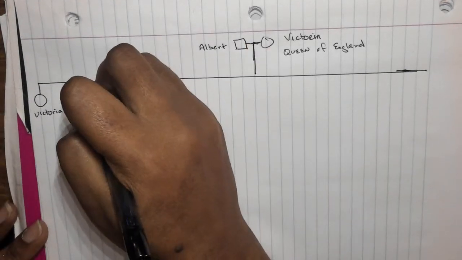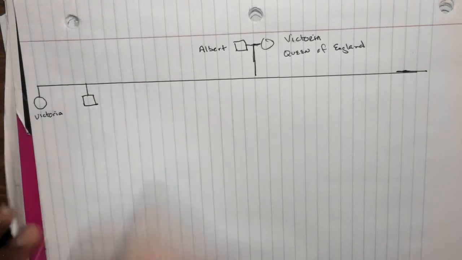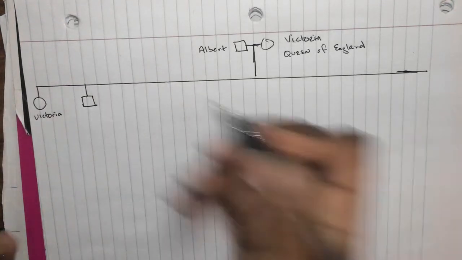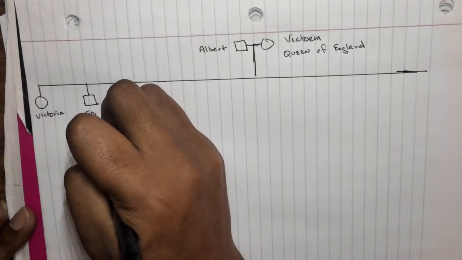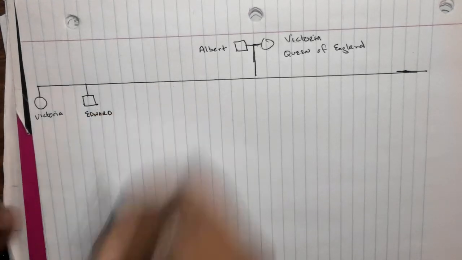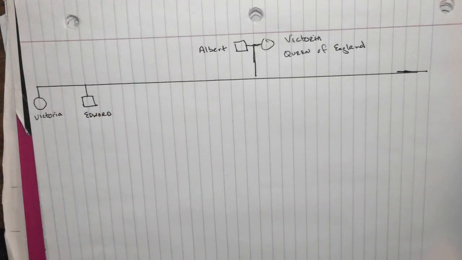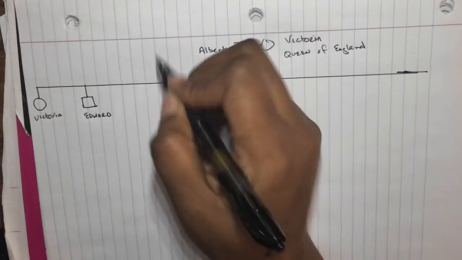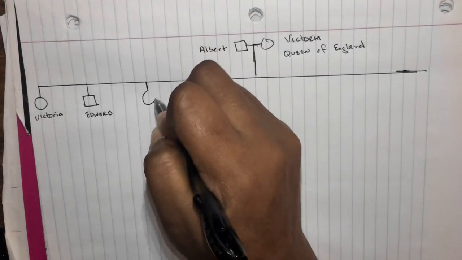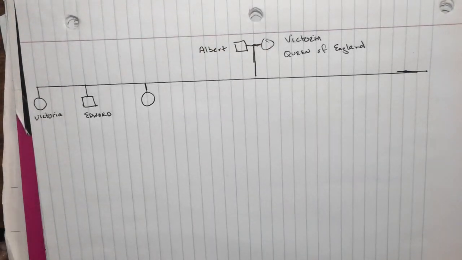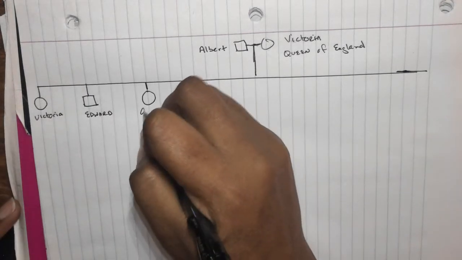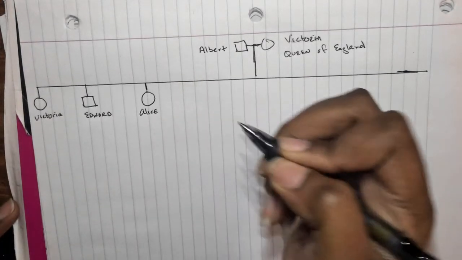Then we've got another one. Girl or boy? Boy. And that one was Edward. We've got another one. Girl or boy? Girl. Her name's Alice.